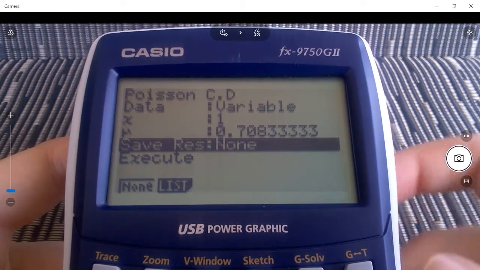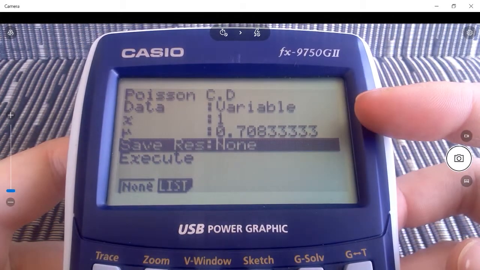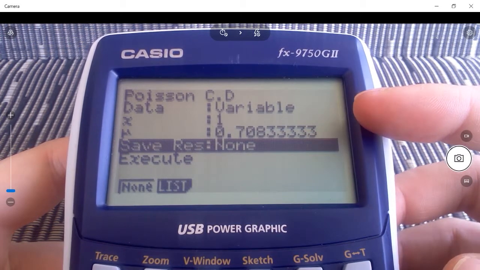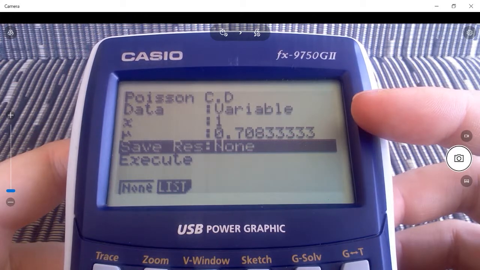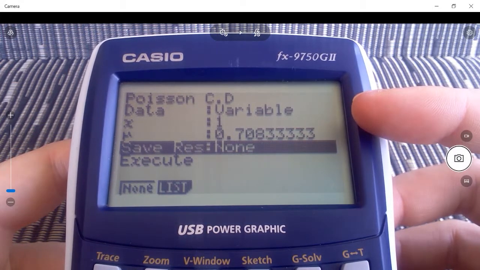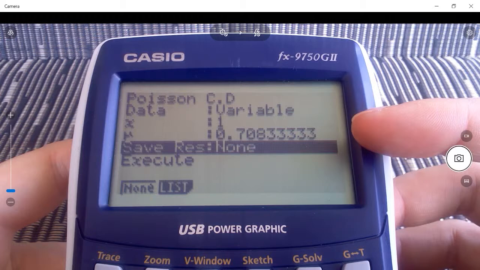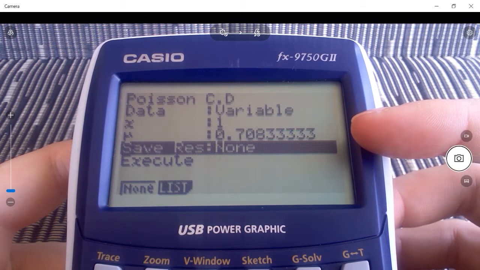So checking what it says, we have an x value of 1, so that means the calculator is going to be counting down and working out the probability of 1 or 0 tornadoes per month, and a lambda of 8.5 divided by 12, which works out to be 0.70833.